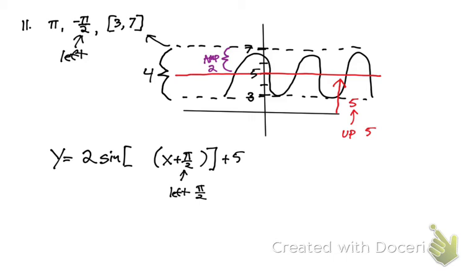Now we get to the hardest part, and that is the period. Every time I do a problem like this, you have to write out what period equals. Period equals 2 pi divided by b.